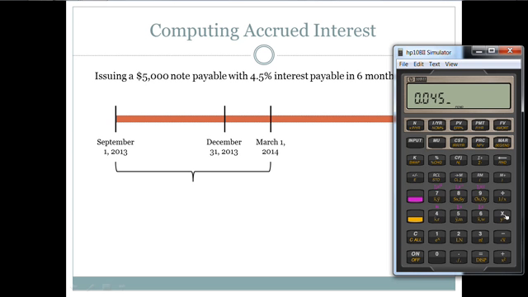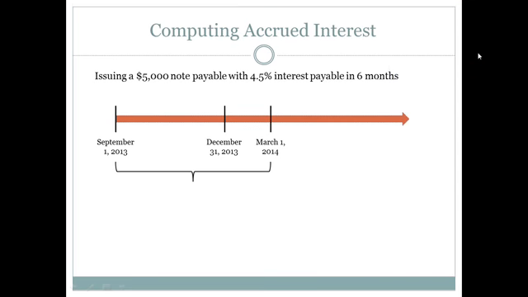So I've got 5,000 times 4.5% times 6/12, and that tells me that we have $112.50 of interest in total to be paid on this particular note. So over the 6-month period of time, we're going to end up paying a total of $112.50.